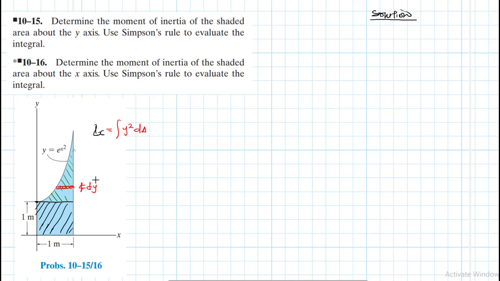But if we integrated with respect to x, it would take less time. That is basically what I'm saying, and we want to choose the method that takes much less time.